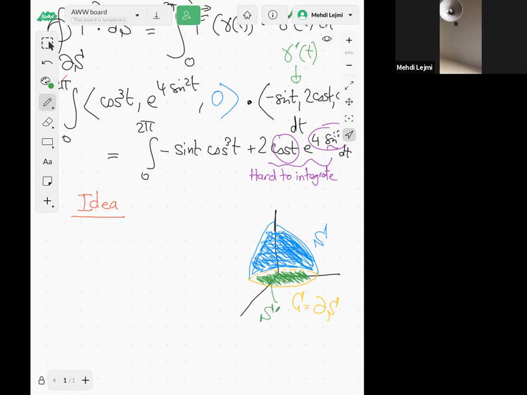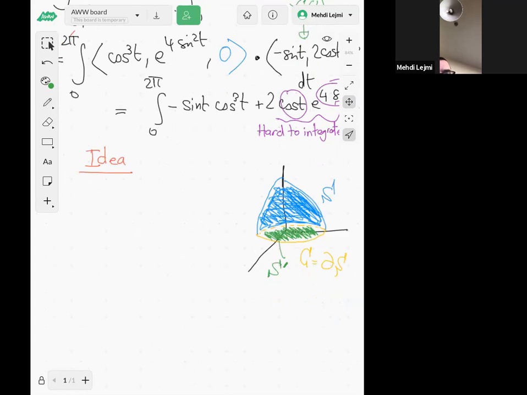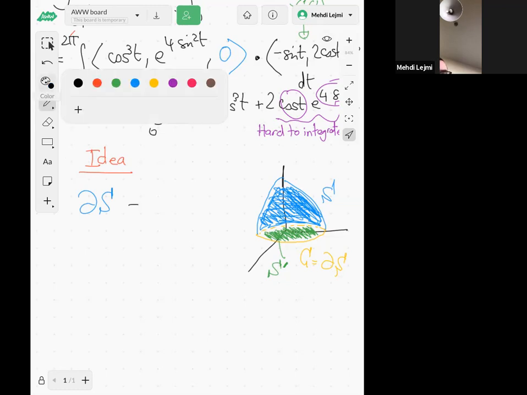Now, why am I doing this? Because if you use the Stokes theorem, the idea here is that the boundary of S is equal to the boundary of S prime.